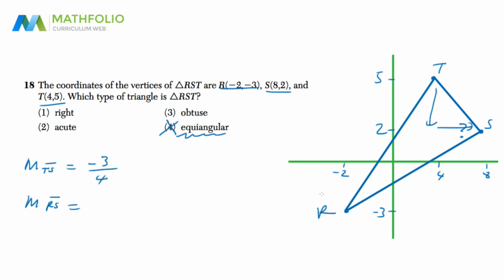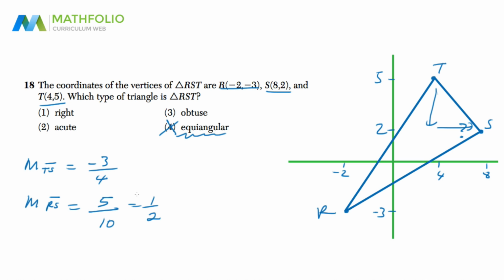That's the slope. For RS, it goes from -2 all the way to 8, so that's the run, and it goes from -3 all the way up to 2. So -3 to 2 means a rise of 5, over -2 to 8, which is 10. So this is 1 over 2.